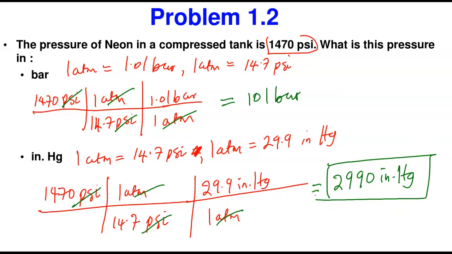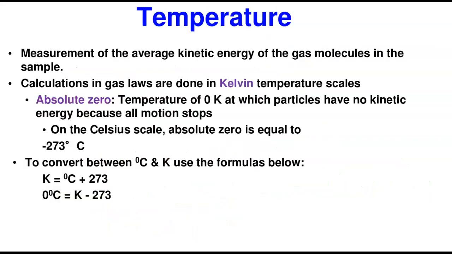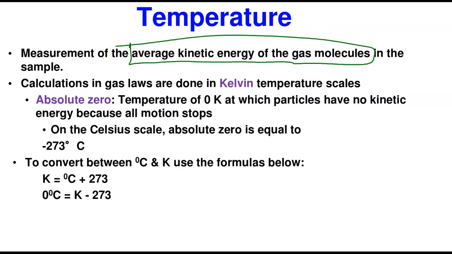So again, I just have to do this a little bit just to remind you of those various conversions we did in the early chapters of this class, particularly in chapter 1. Now, temperature. Again, temperature simply measures the average kinetic energy of gas molecules. And calculation of gas law is purely done in Kelvin. You cannot negotiate that.